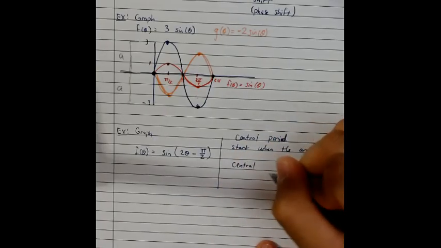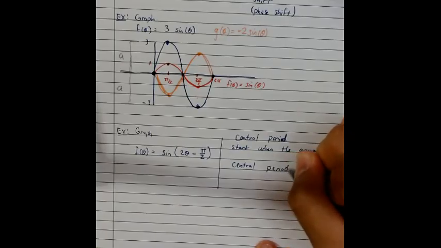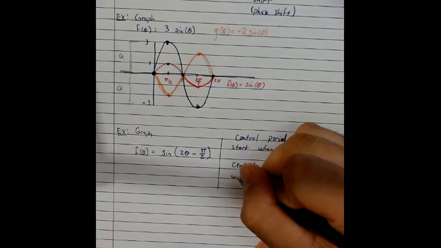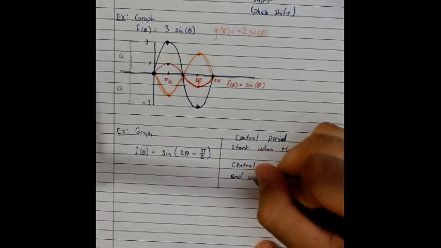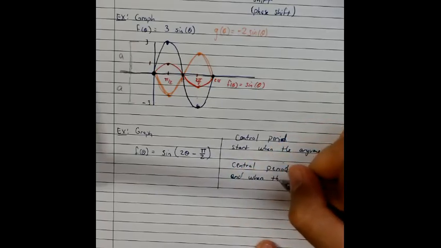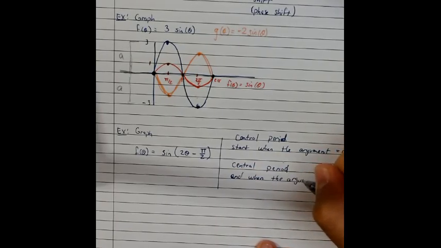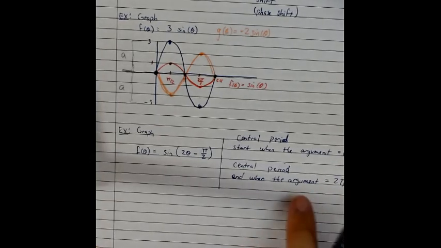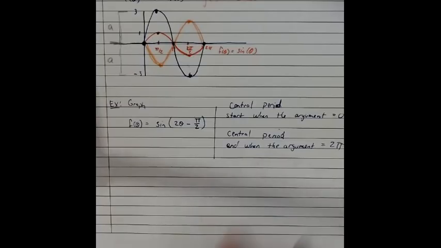Meanwhile, the central period will end when the argument is equal to 2 pi. So let's figure out when those two things are going to happen.